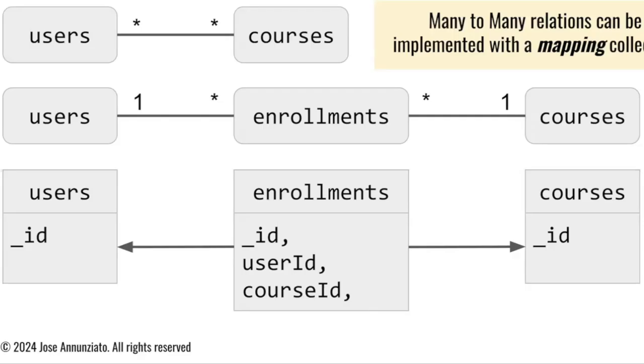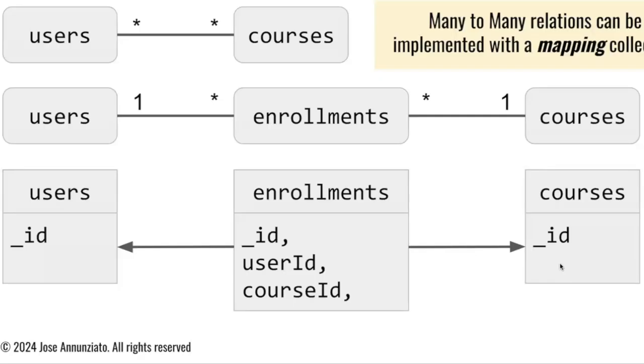The challenge, though, is that if a user unenrolls from a course, that means that we would need to remove that course from the user's array of courses. But then we would also have to make sure to update the related course to remove the user from the students enrolled in that course. So we have to remove the course from the user and the user from the course.